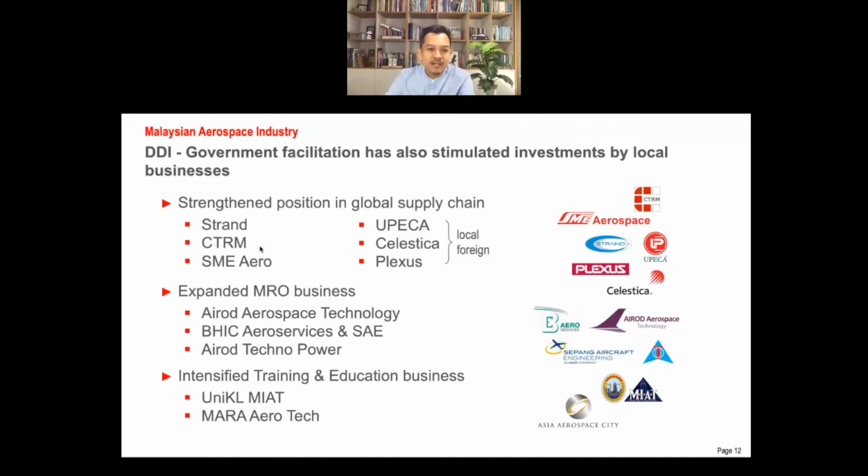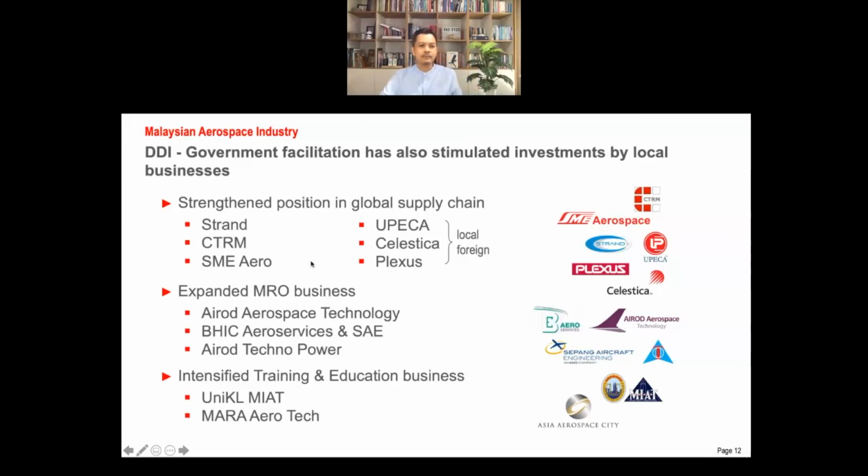By having this government facilitation, CTRM can now become tier 2 to major aerospace manufacturers, and CTRM has contracts from both Boeing and Airbus. We also have SME Aerospace, UPK, Celestica, and Plexus. These are local as well as foreign companies. Strand, CTRM, and SME Aerospace are local companies, while Strand Malaysia and these three are foreign companies.